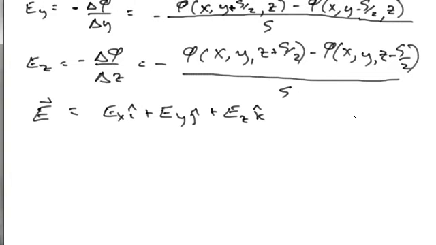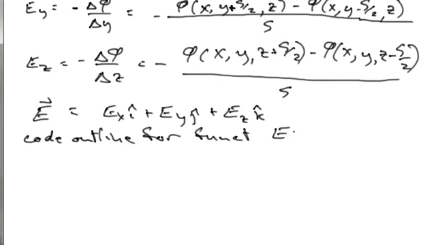So, code outline: define a function E of R, where R is a 3-element array.